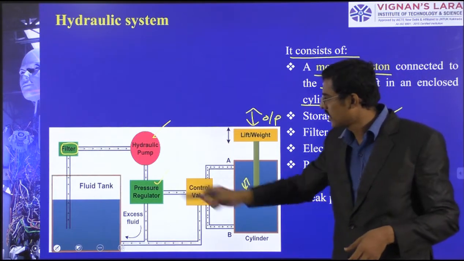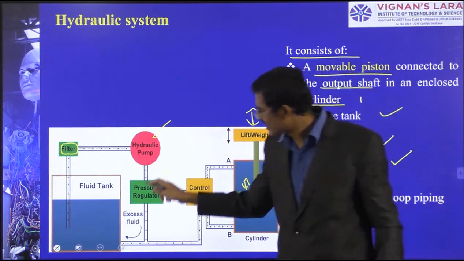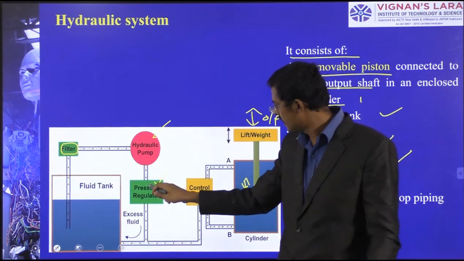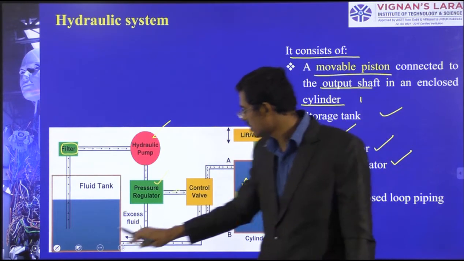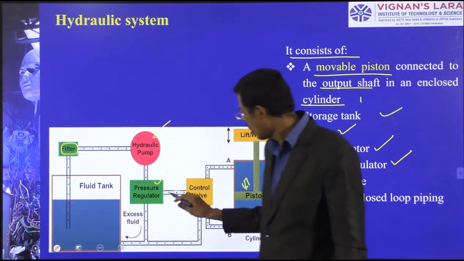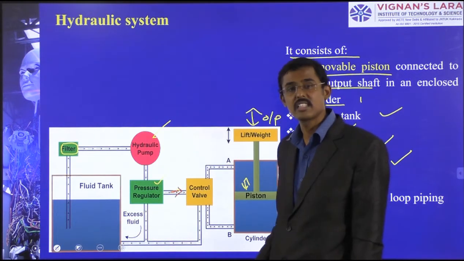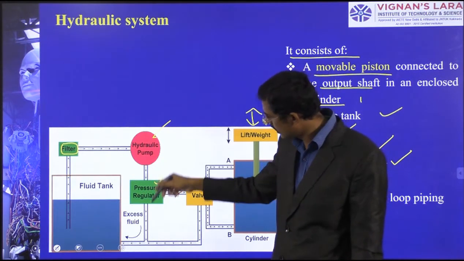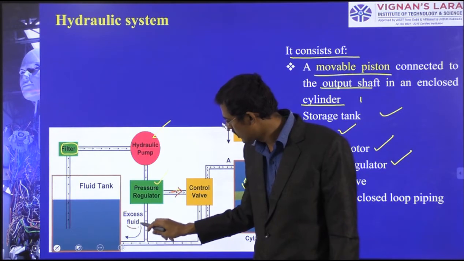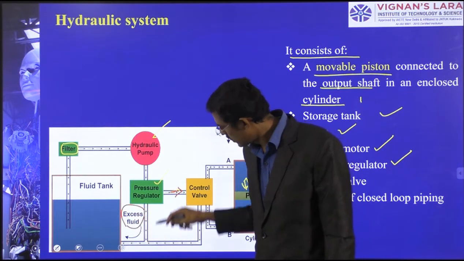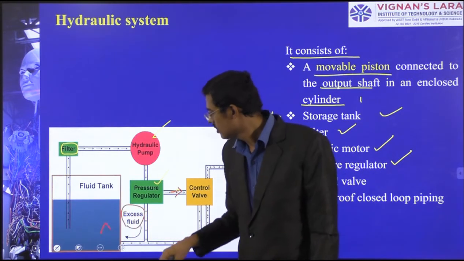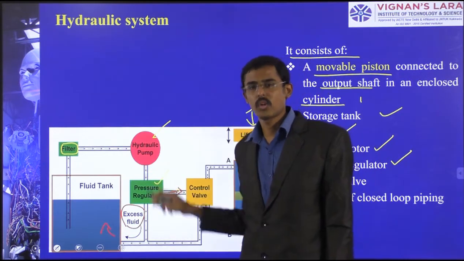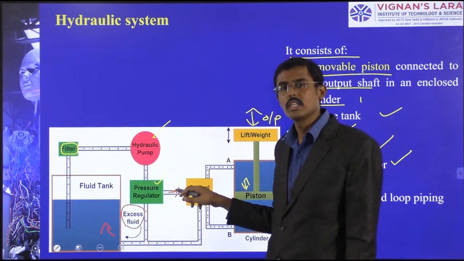In excess, if it is pumped, the regulator regulates how much volume we need and sends it here. The excess volume of fluid will be returned back to the fluid tank, and it will be a cyclic process as per the requirement.